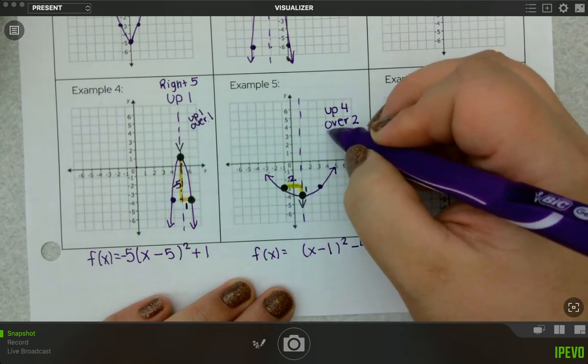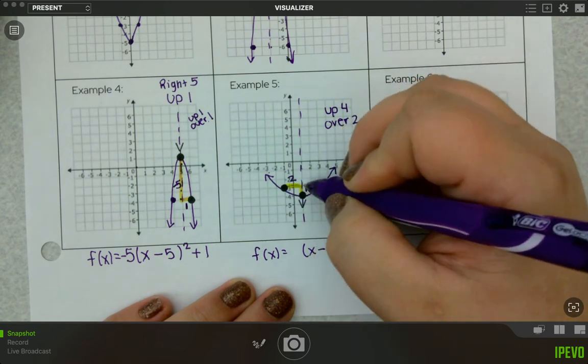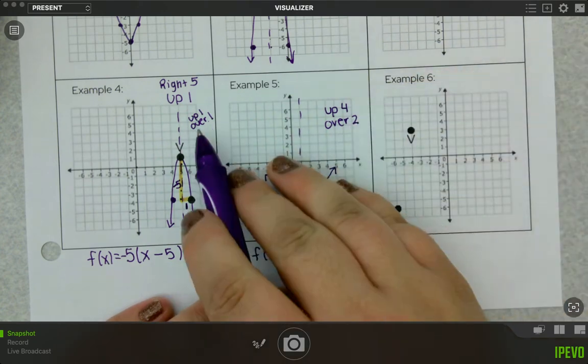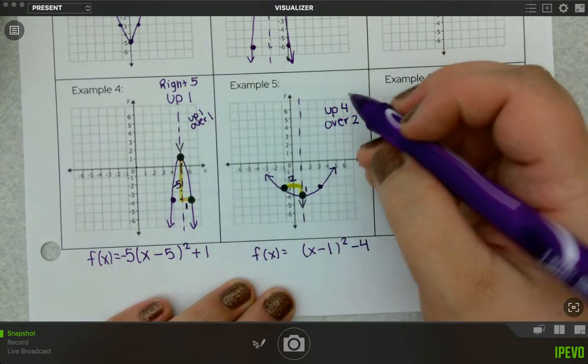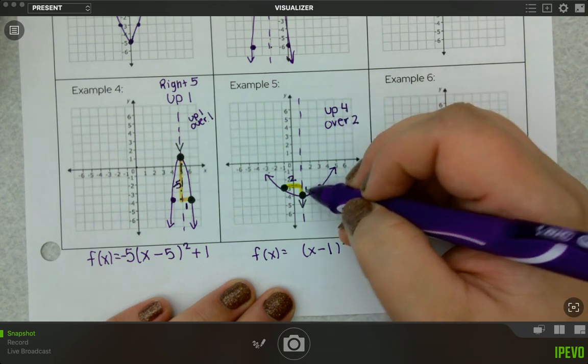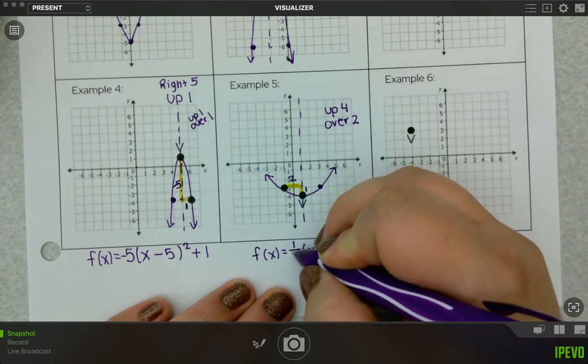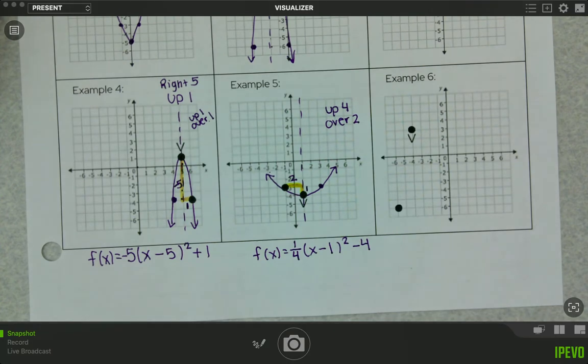And I'm picking the over 2 part because this one's going over 2. That's how I know whether or not I'm using this piece or this piece. So 4 to 1, I'm multiplying by 1/4. It's the same thing as dividing by 4. Multiplying by 1/4 is the same thing.